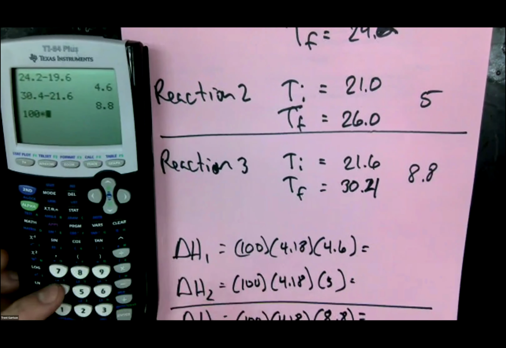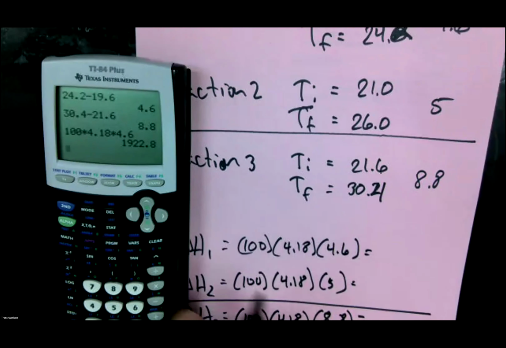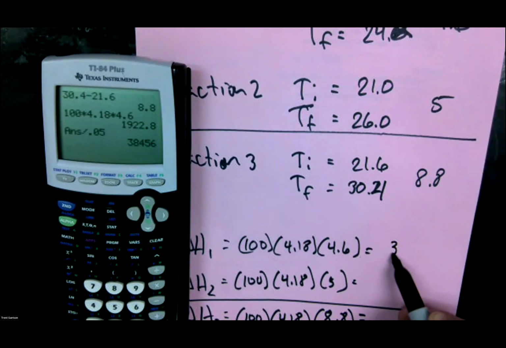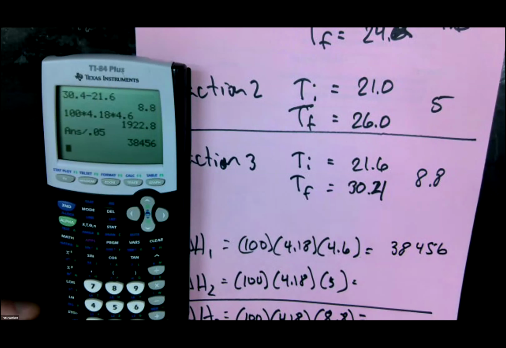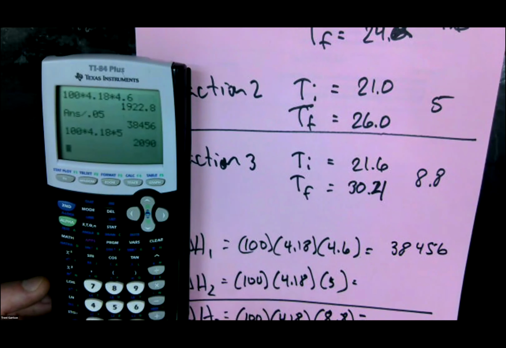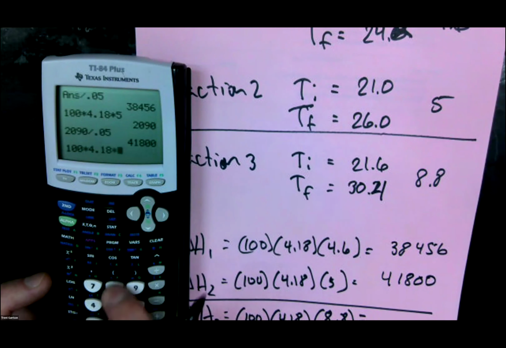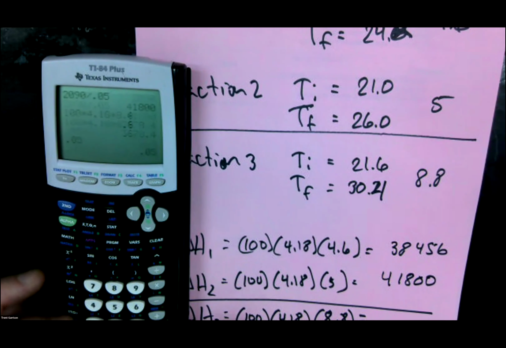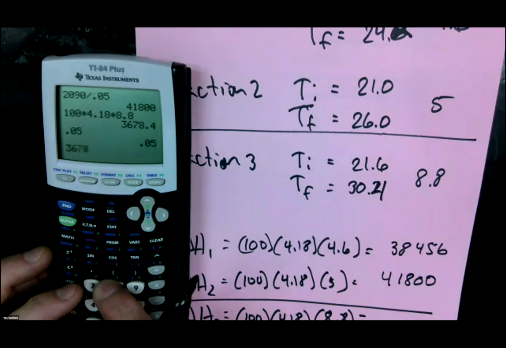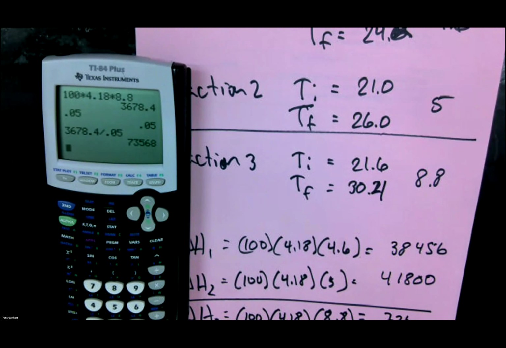So 100 times 4.18 times 4.6 divided by 0.05 is 38,456. 100 times 4.18 times 5 divided by 0.05 is 4180, I mean 41,800. 100 times 4.18 times 8.8 divided by 0.05: try that again. 3678.4 divided by 0.05 is 73,568.